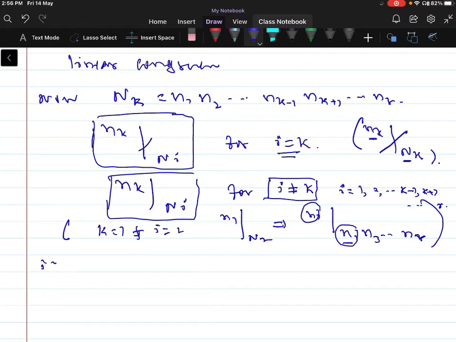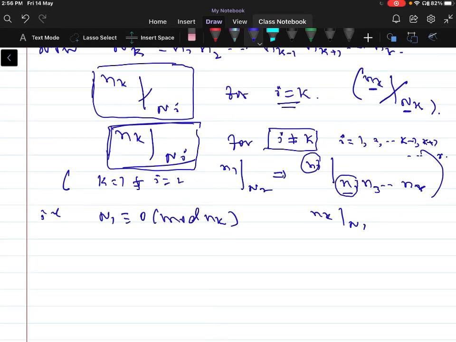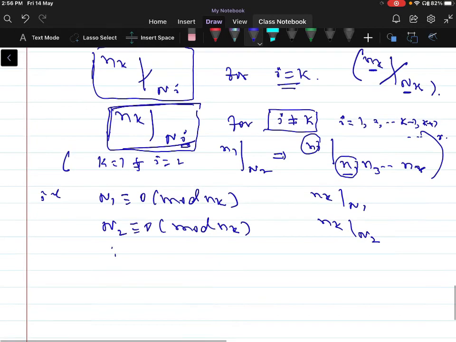So now that is, for i is equal to 1, capital N1 is congruent to 0 modulo nk, since nk divides capital N1 from this result. Similarly, for i is equal to 2, capital N2 is congruent to 0 modulo nk, since nk divides capital N2 also, and so on.